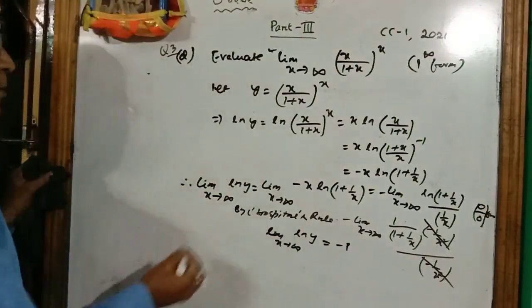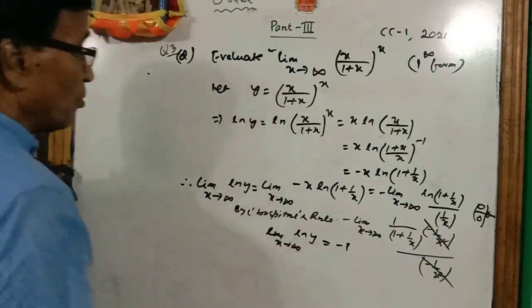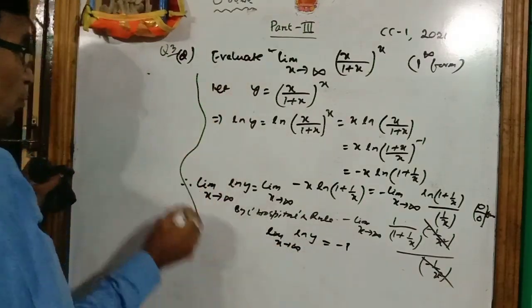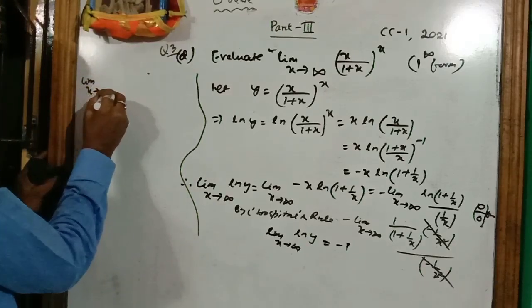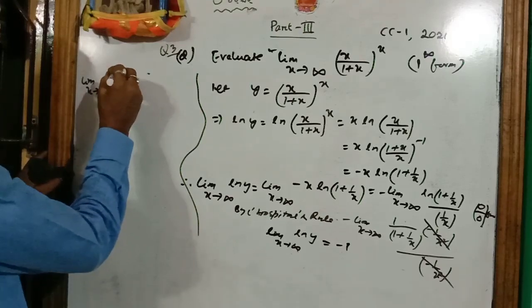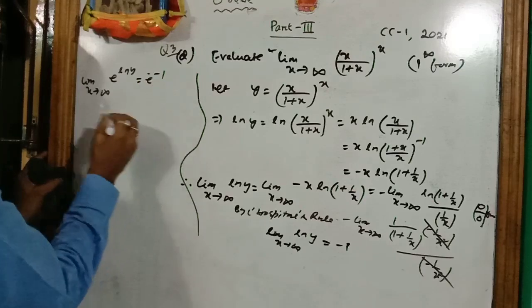Since the limit of log y tends to minus 1, now we can take the limit as x tends to infinity, e to the power log y will tend to e to the power minus 1.